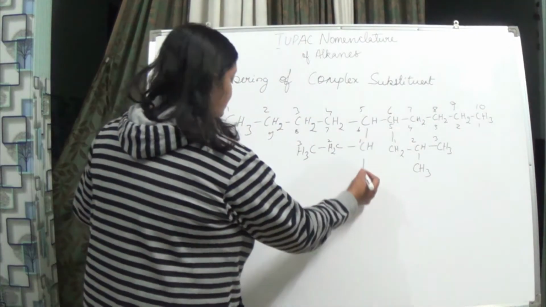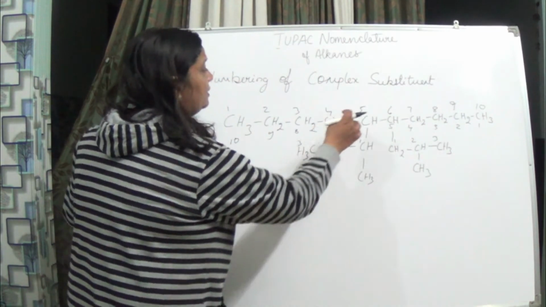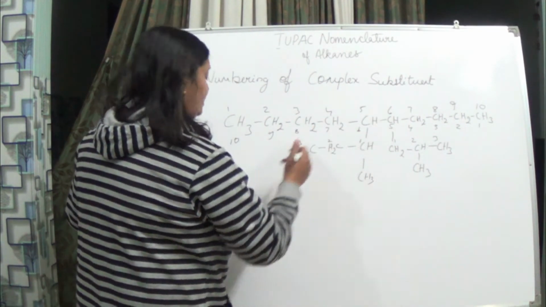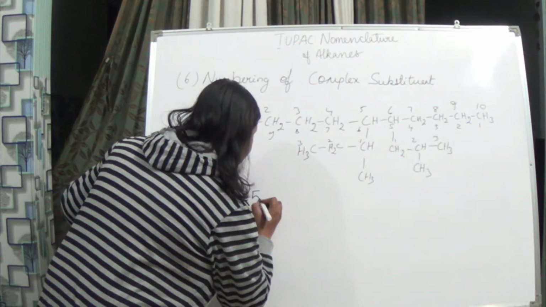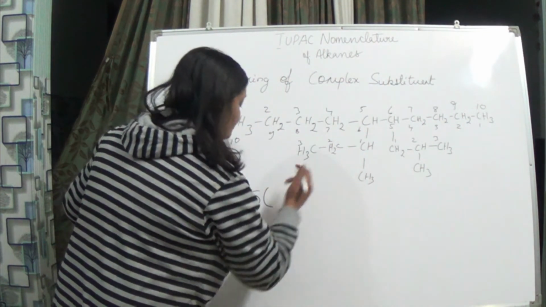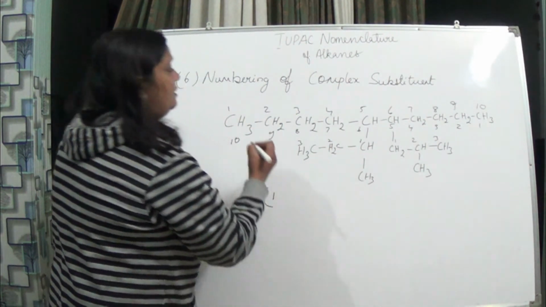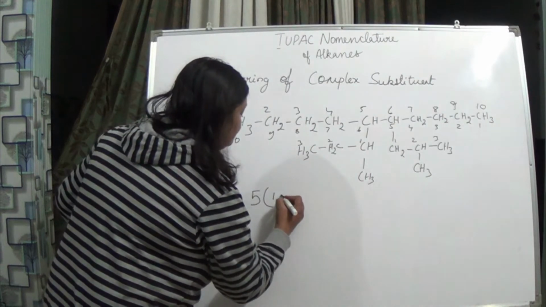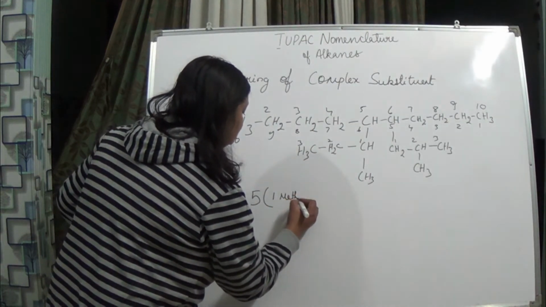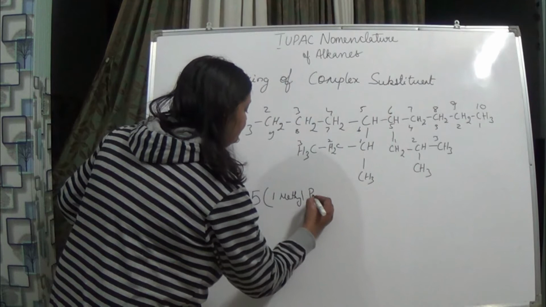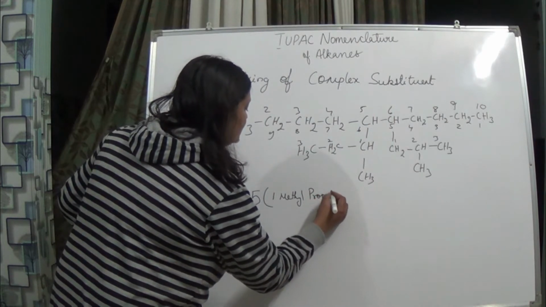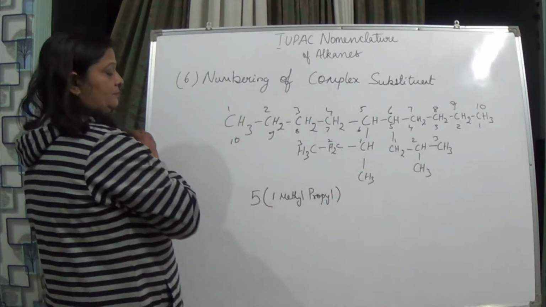Here in the first position, the fifth carbon chain branching is starting. So 5, first position 1-methyl propyl, close it.